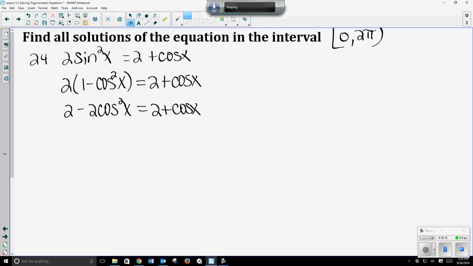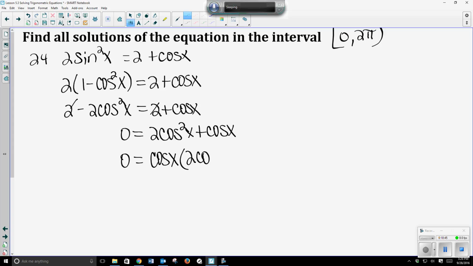I would subtract 2 and add 2 cosine squared x. 0 equals 2 cosine squared x plus cosine x. And when you subtract 2, the 2's go away. So 0 is equal to, we can factor out a cosine. And you're left with 2 cosine x plus 1.